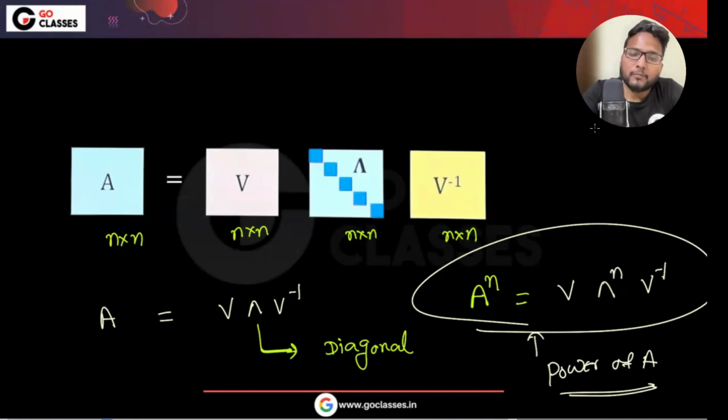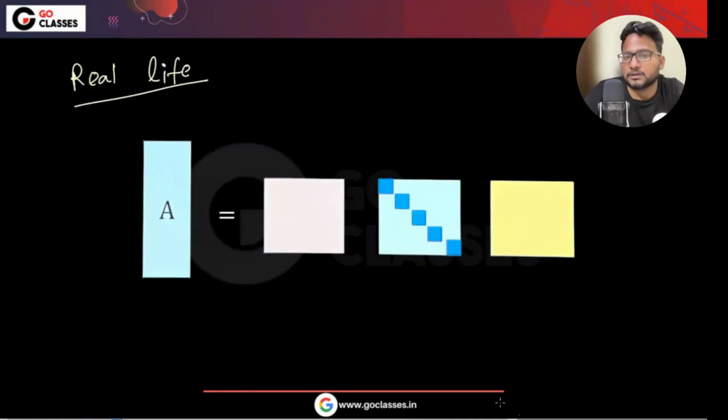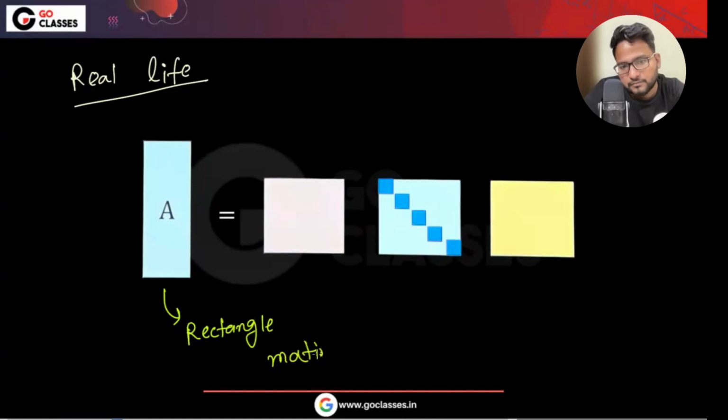But it might so happen that in real life, your matrix might not be a square matrix. This is a rectangular matrix of size, let's suppose, m cross n.